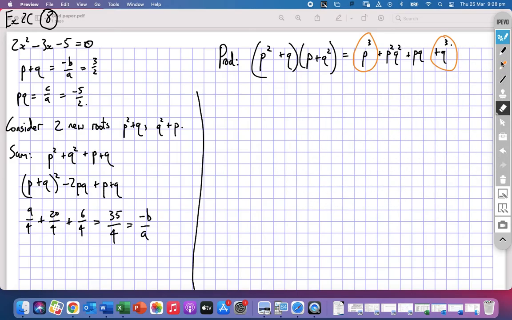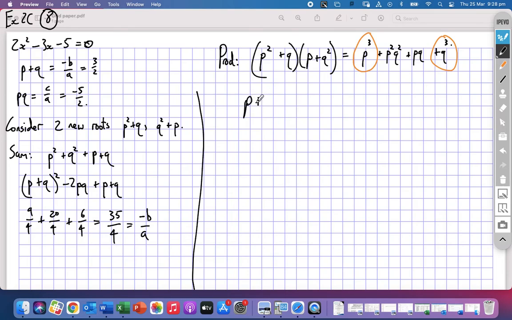Right. But how could I deal with the p cubed and the q cubed? I guess a similar way to what we ended up doing here, where we thought of it as a perfect square. This is not a quadratic with cubes.